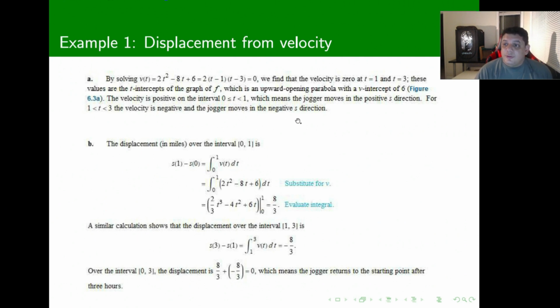So that's just the result on the positive area that we just described. Now if we go from 1 to 3, so now we're going through the negative area, a similar calculation gets me minus 8 over 3.